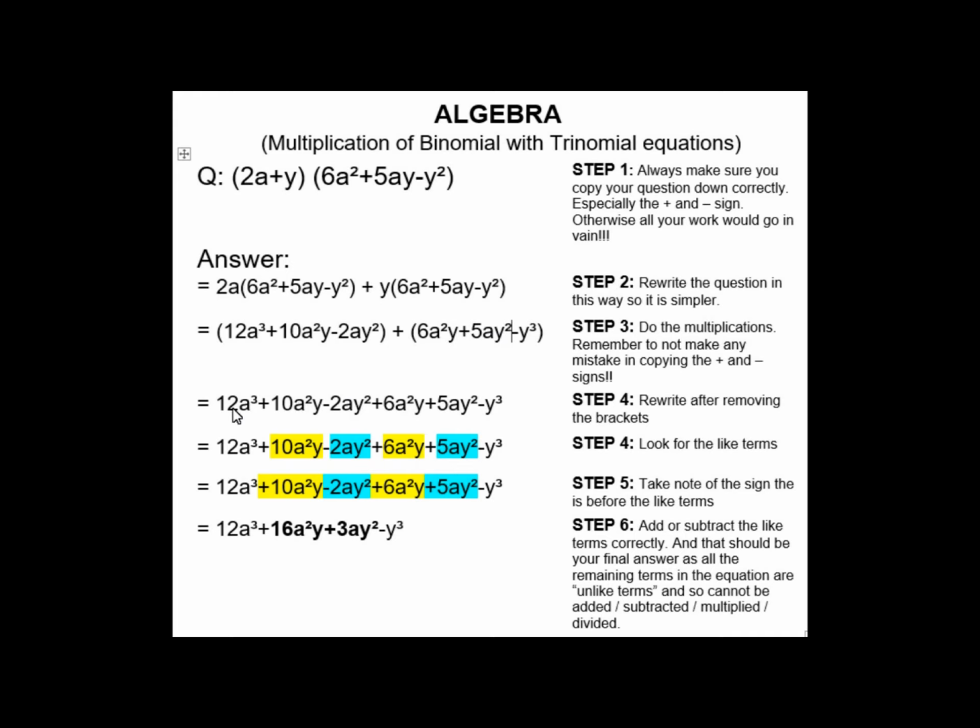So we get 12a cubed plus 10a square y minus 2ay square plus 6a square y plus 5ay square minus y cube. So we have removed the brackets and rewritten it as one equation.